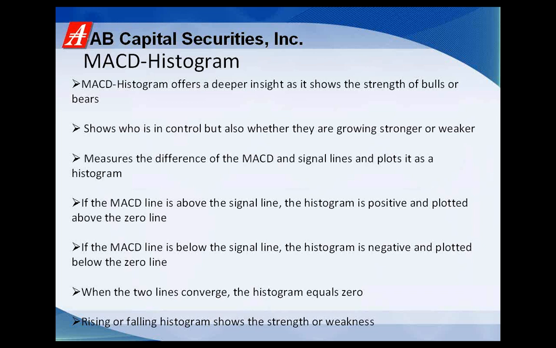If the MACD is below the signal line, the histogram is obviously negative and it's below the zero line. So normally when the MACD histogram is above zero, that's an indication that the bulls are in control as far as the market is concerned. Now if the MACD histogram is below the zero line, it's the bears that are in control.